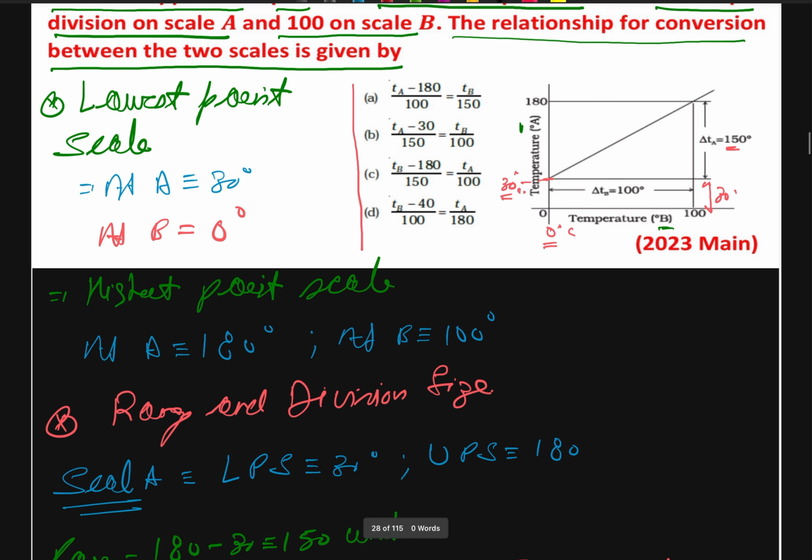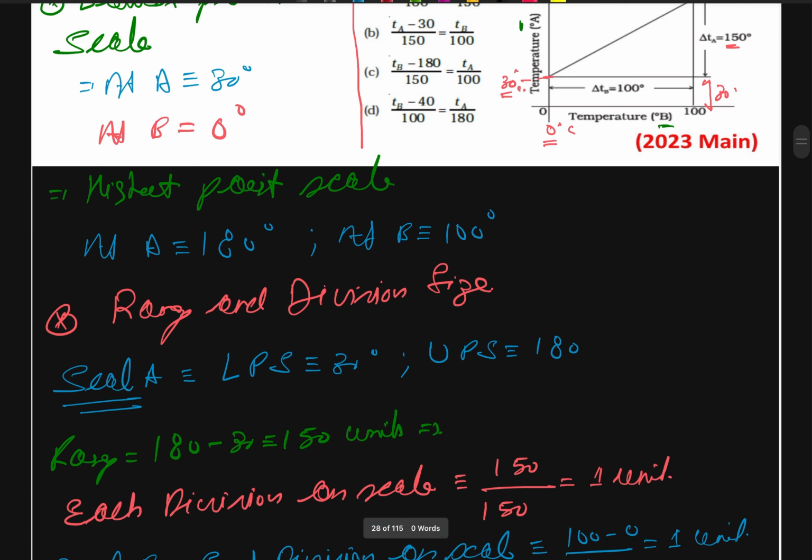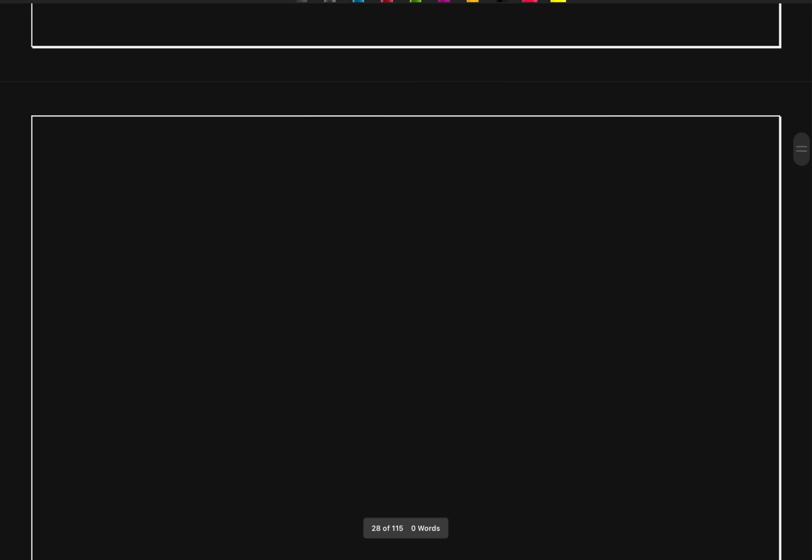So we have this as TA minus 180 divided by 100 is equal to TB upon 150.